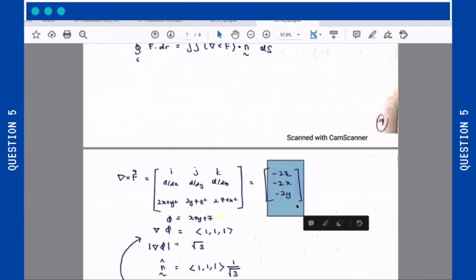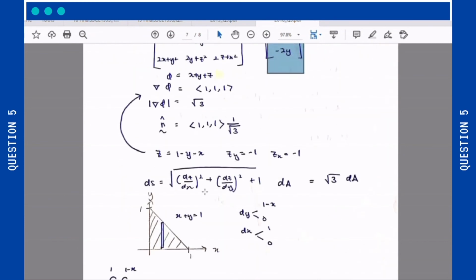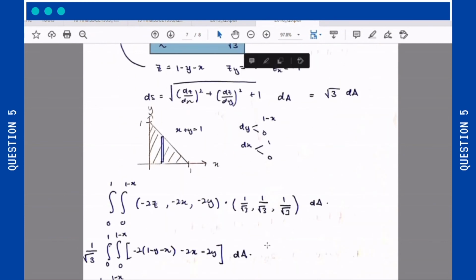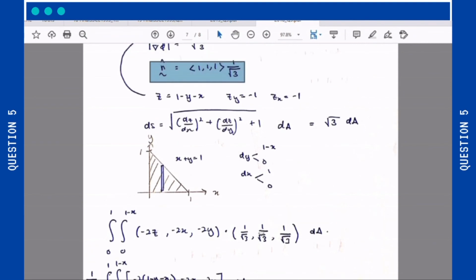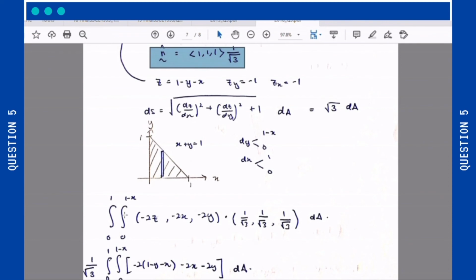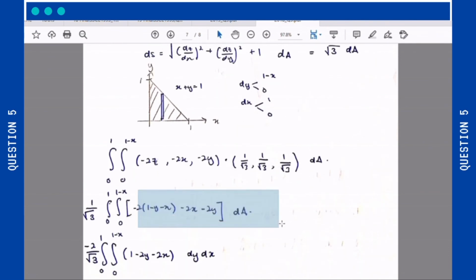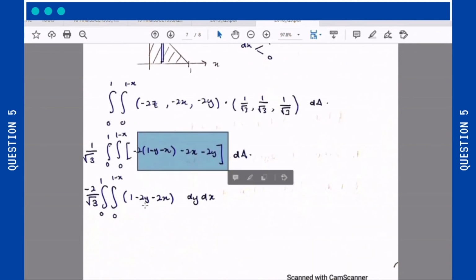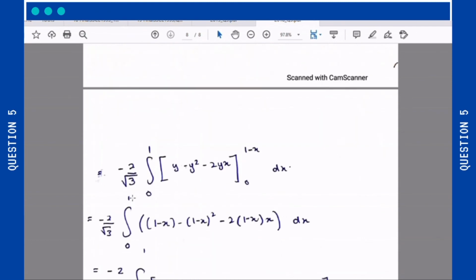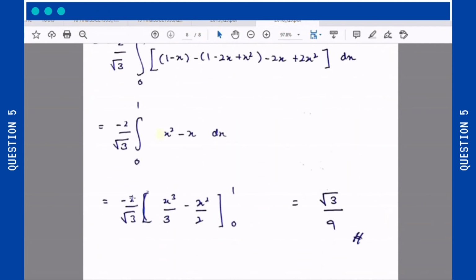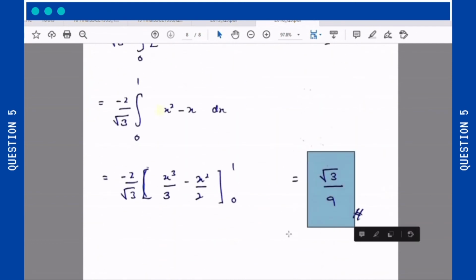This value and the value of n, we put all in the formula, and then we just solve it like what we learned from chapter 4. And the final answer we will get is root 3 over 9.